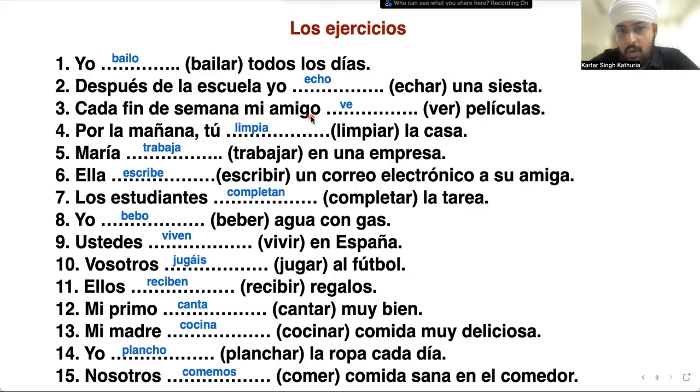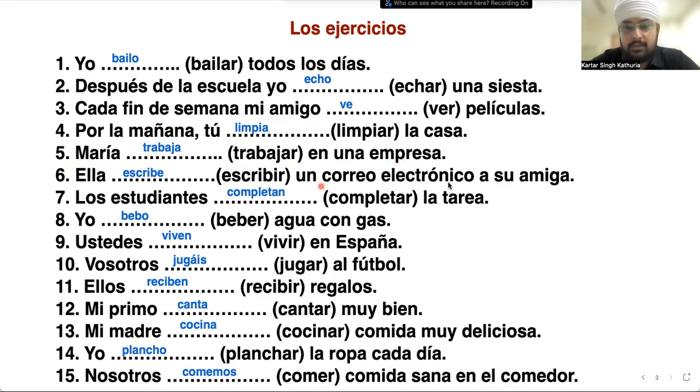Mi amigo, my friend, ve películas, watches movies. Por la mañana, in the morning, tú limpias la casa, you clean the house. María, third person, because we are talking about her, a woman whose name is María. Trabajar en una empresa. Trabajar means to work, so María works in a company.